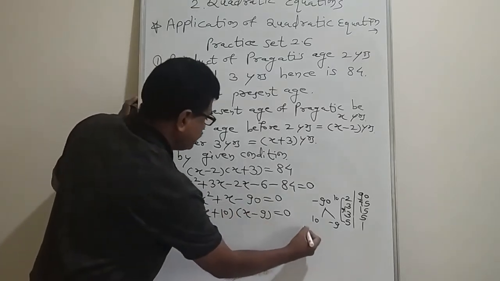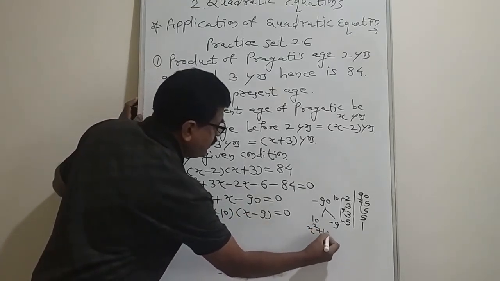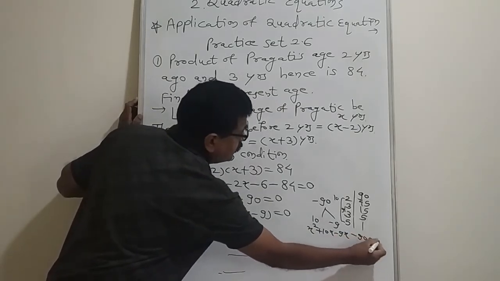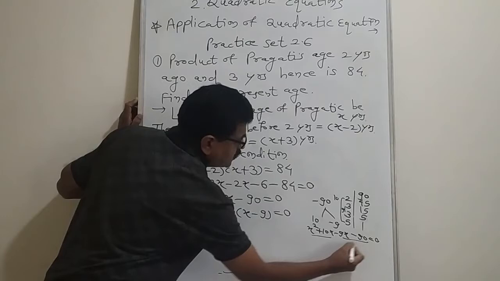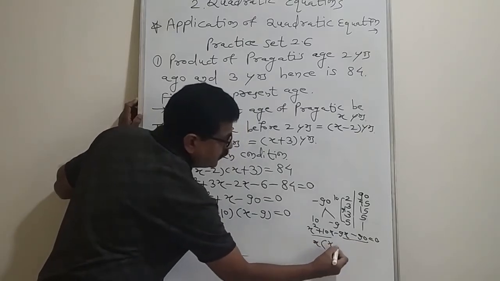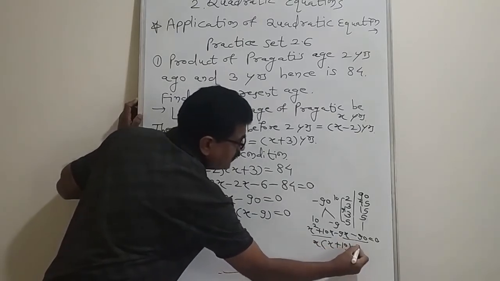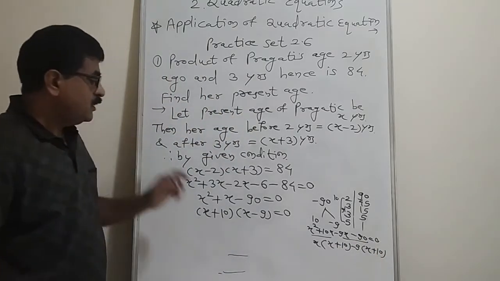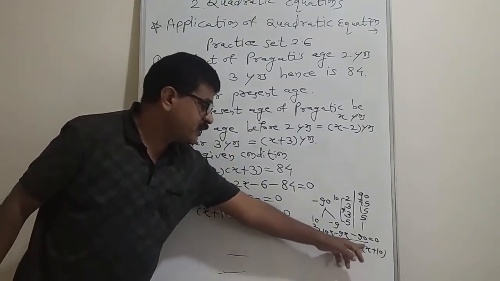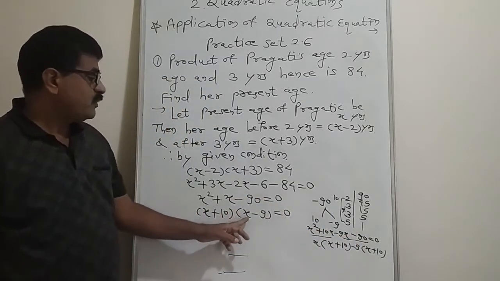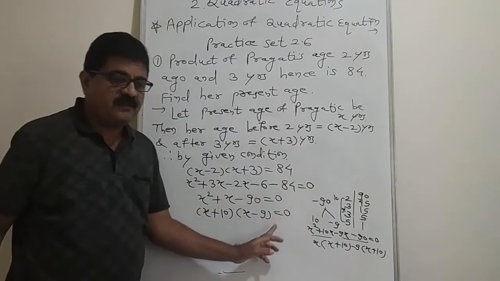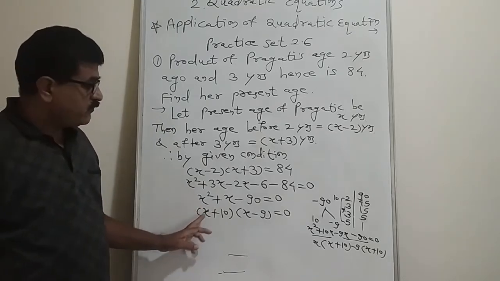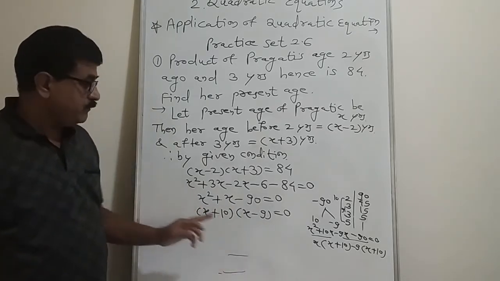We can write this as x square plus 10x minus 9x minus 90 is equal to 0. From first two, x common, x plus 10; minus 9 common, x plus 10. Now from these two, taking x plus 10 common, into bracket x minus 9. But if coefficient of x square is 1, then we can write this directly.